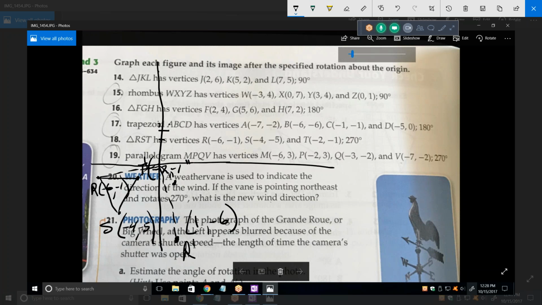Because at 270, I would have to rotate that 180 to get to a 90 degree rotation. So 90 degrees is not the same as 270.